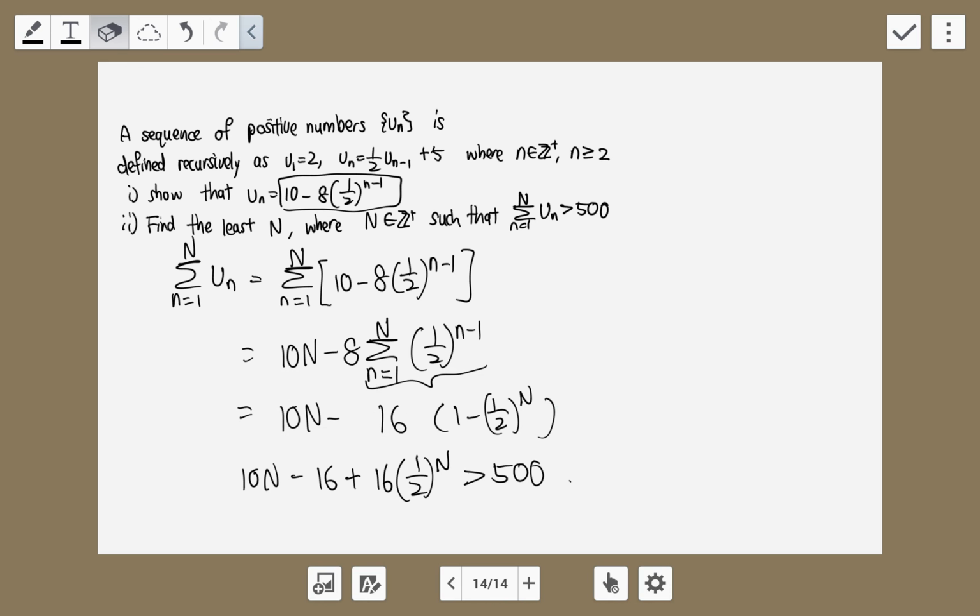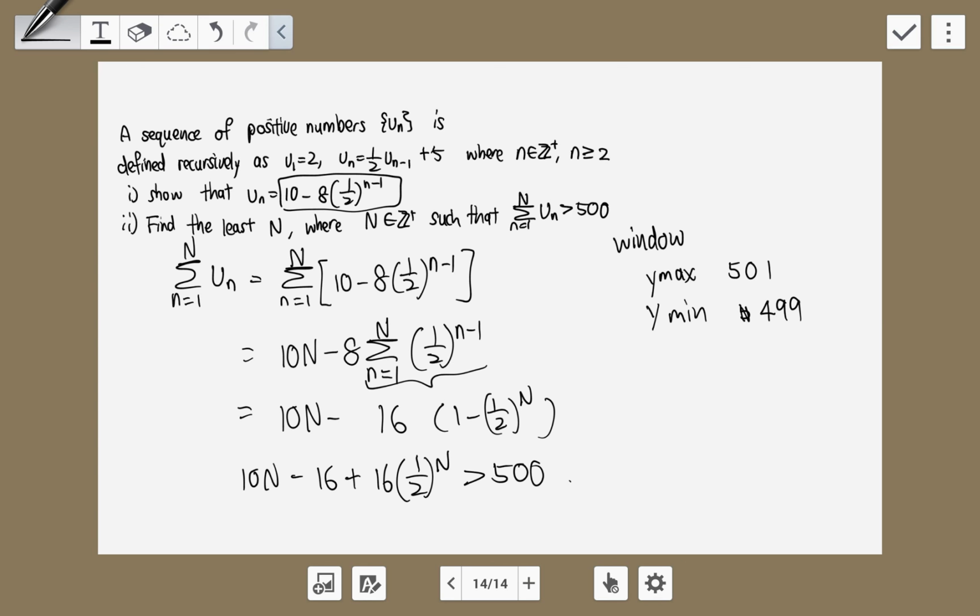No, I don't have the graphic calculator ready, but what you do is you use the graphic calculator and you set the window. I know that since I want to find the intersection point at 500, I let the y max be 501 and y min be 499, so 500 is between.